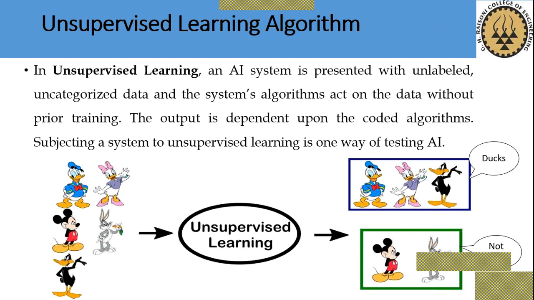On the basis of similarities and dissimilarities, the unsupervised machine learning algorithm divides the data into proper categories, and after that you can give them a name or label. For example, you can categorize the input pictures into duck and not duck.